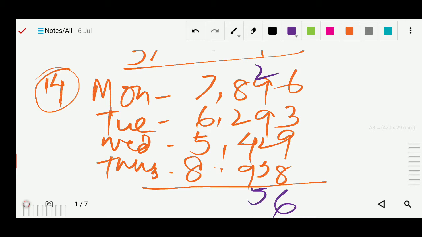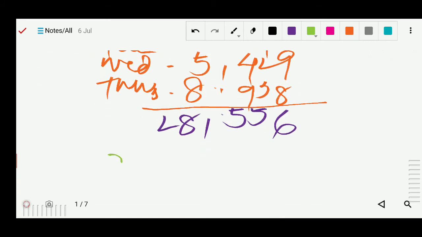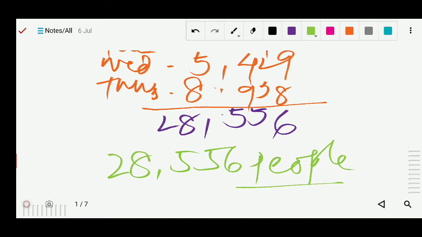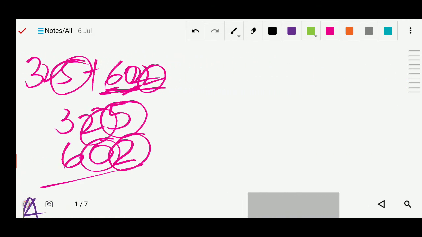So write 5, carry is again 2. 8 plus 2 plus 4 plus 9 you will add, you will get again 25. So write here 5, and carry is 2. 2 plus 7 plus 6 plus 5 plus 8, you will get 28. So how many people came to the park in these 4 days? 28,556 people visited. Got it?